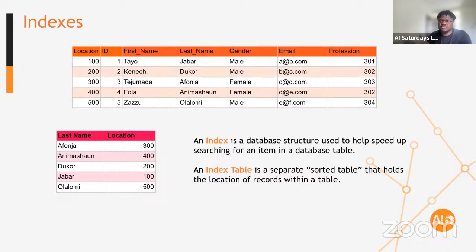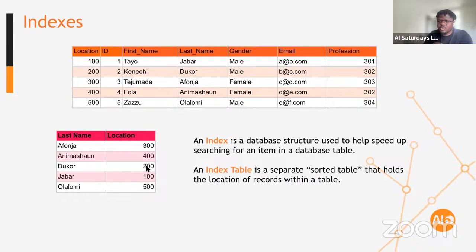and then points to their location, such that when you go to this table and you want to search for something, the first point of call, rather than going through records 1, 2, 3, 4, 5, if, for instance, you wanted to look for Ducor, the way it works is the system is first going to direct itself to the index table, identify where Ducor is, location 200.